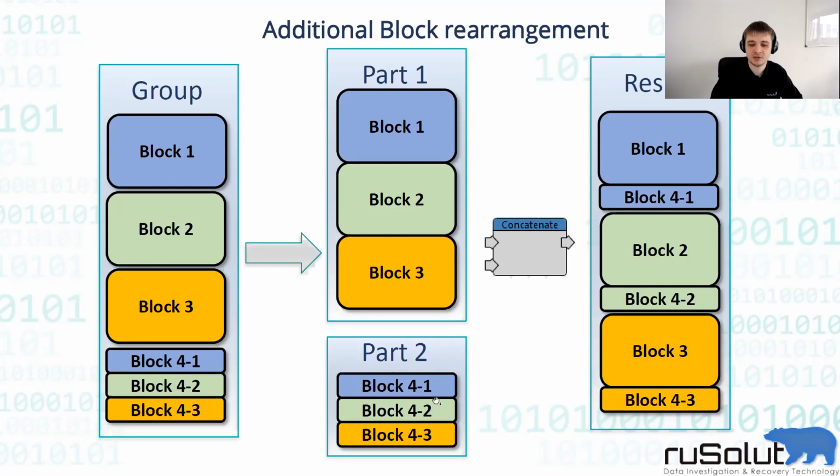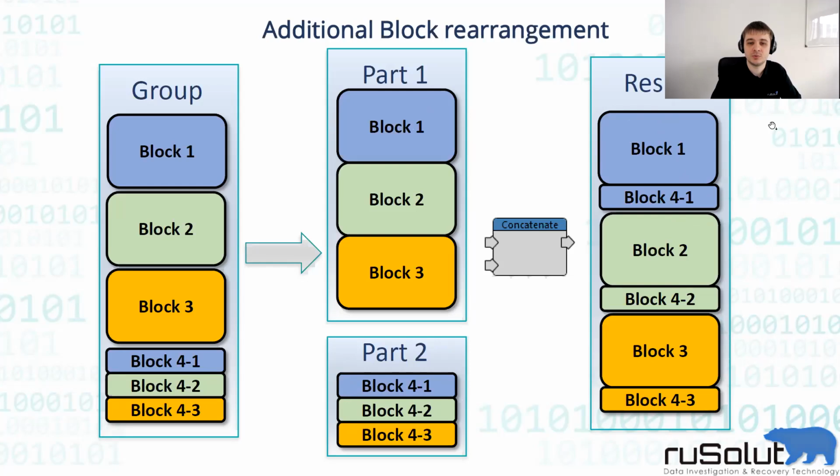Then from the second input, it will take the small block size number of bytes and put it right after this big block, and so on till the end of the dump. So it will provide us a correct physical, and after that logical, image of the dump without any rearrangement.